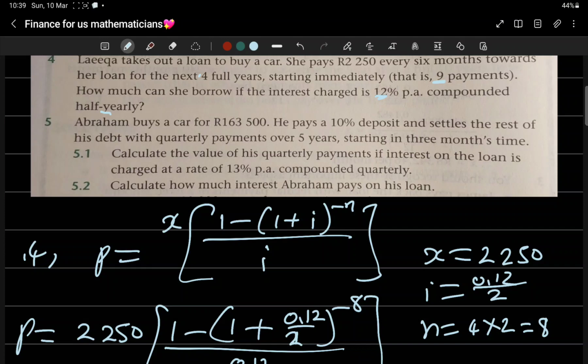Calculate the value of his quarterly payments if interest on the loan is charged at a rate of 12% per annum compounded quarterly. Okay, he buys a car and he's paying 10% deposit, which means the loan is 90% of 163,500. This is where the percentage comes from, because he paid the 10%, so he's remaining with 90%.